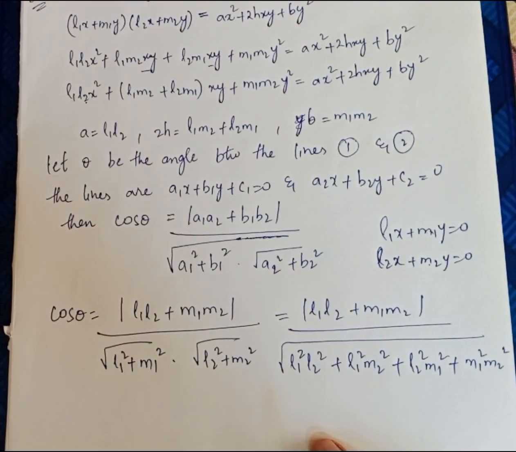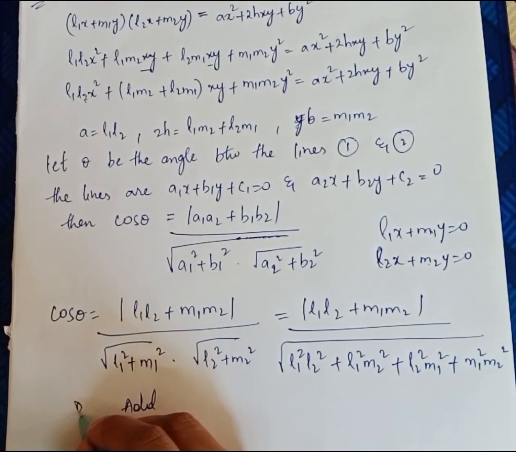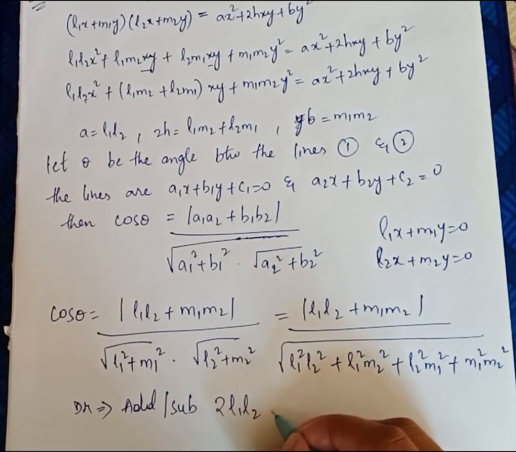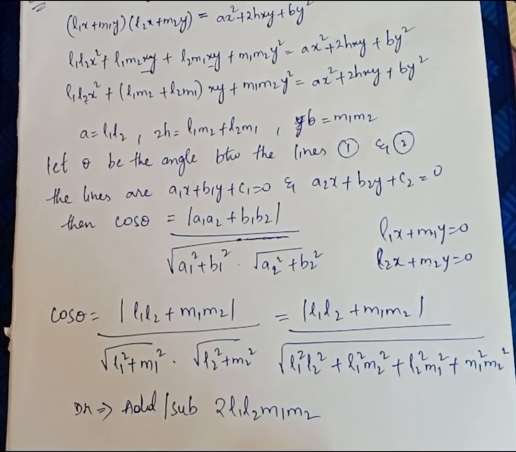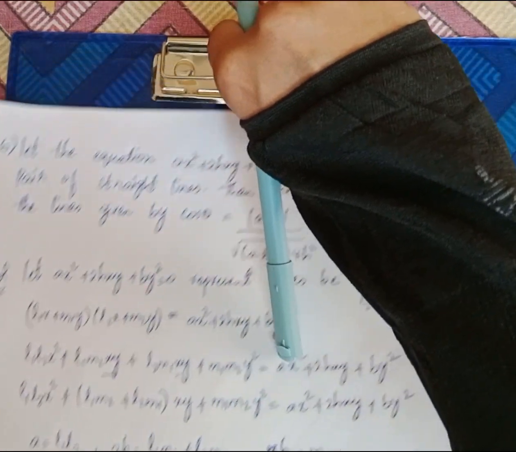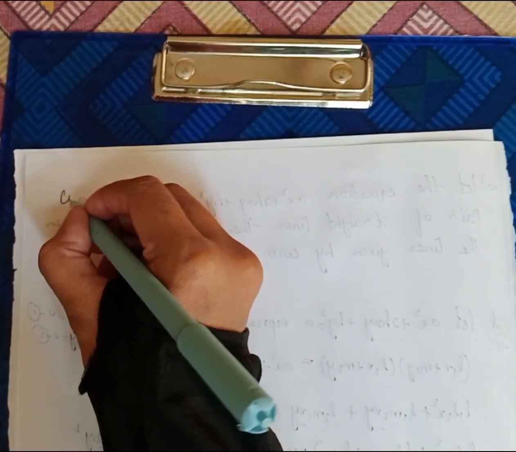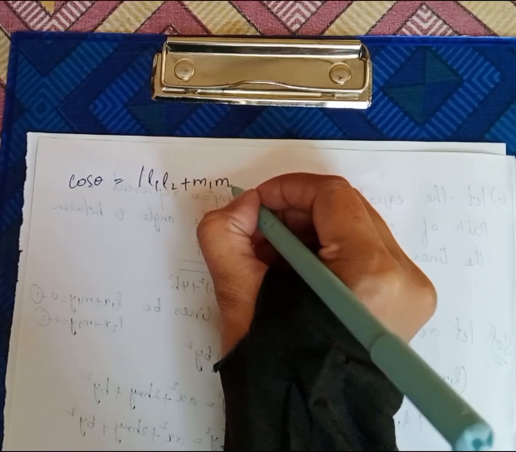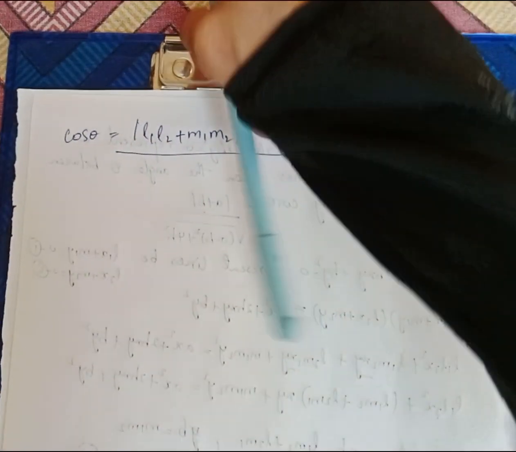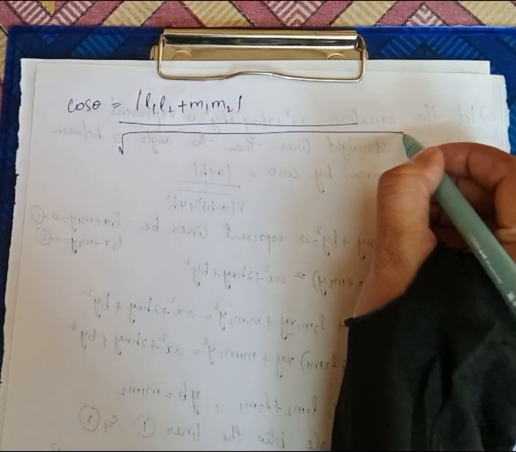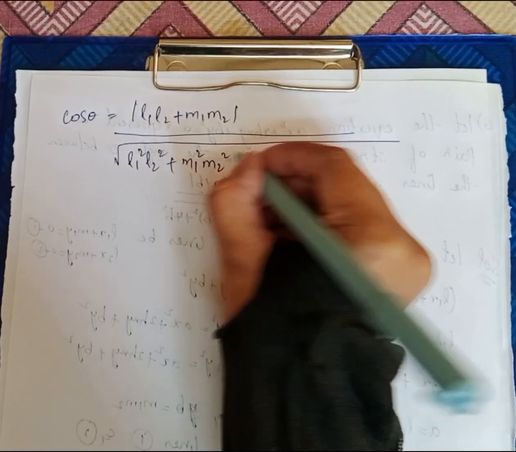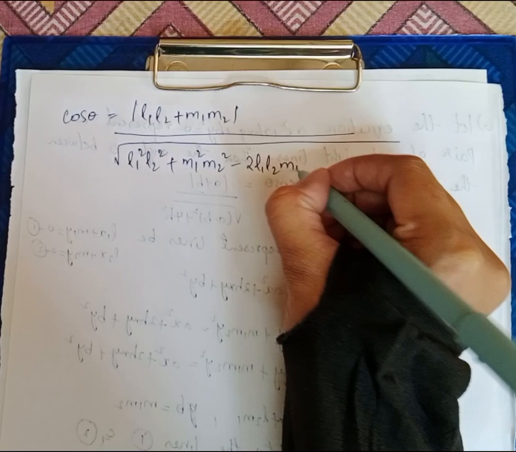Right, now we have to add and subtract here in the denominator the term 2l1l2m1m2. So our equation will be cos θ = |l1l2 + m1m2| / √(l1²l2² + m1²m2² − 2l1l2m1m2 + l1²m2² + l2²m1² + 2l1l2m1m2).